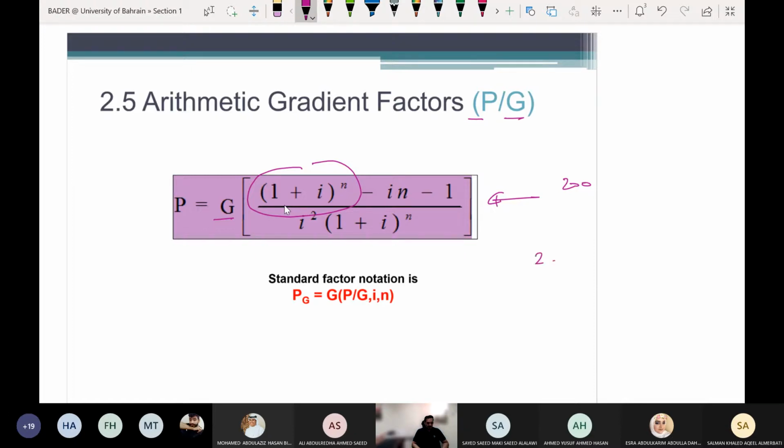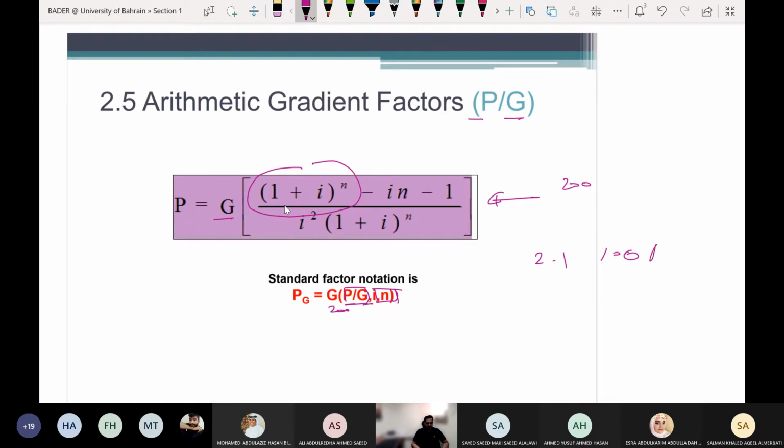The formula in 2.1 represents my 100 because I have to solve it. Now, how do I write the code, which is more important? How do I write the standard notation? Find P given G, and this is constant, guys. As long as this is what is put in front, it reflects my 200.